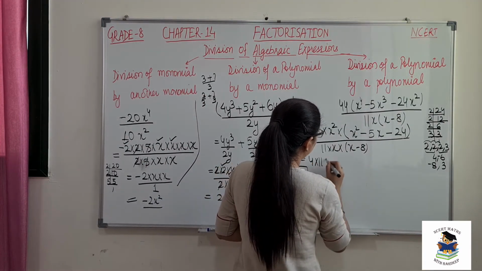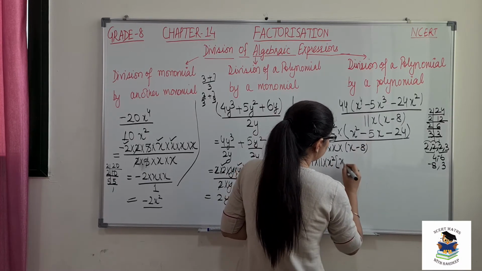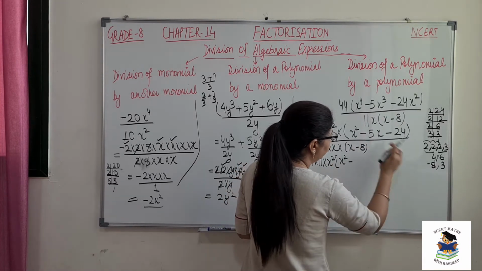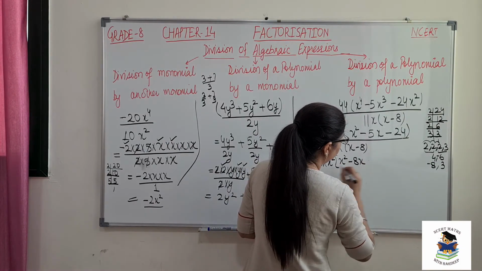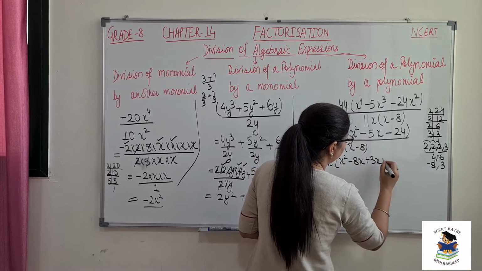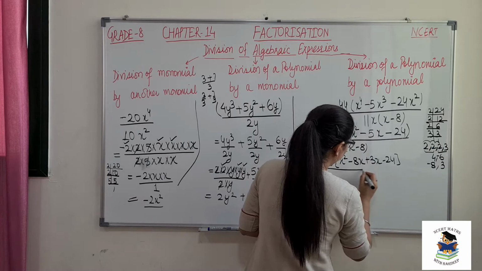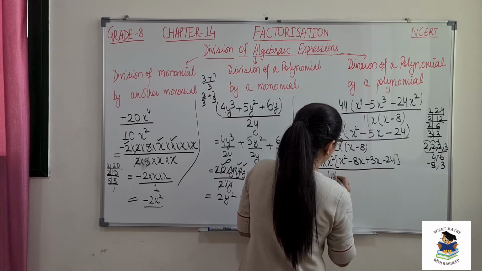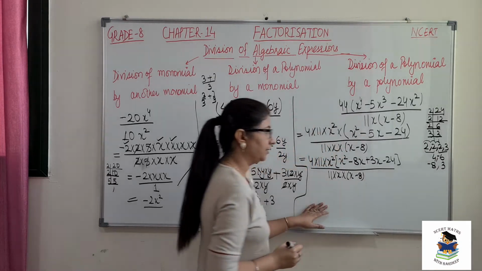So let's write. This is 4 into 11 into x square. The first term is always as it is. The middle term is to be split by these terms, that is minus 8x plus 3x, then minus 24, over our denominator, that is 11 into x minus 8.